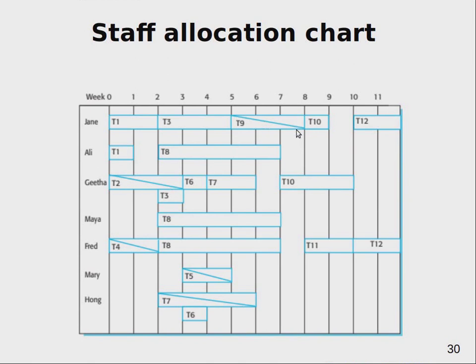I don't know exactly what this notation is about, either cancelled tasks or overlapping tasks like T9 overlapping with T10. But the idea here is that you should review that you are using your resources efficiently. You try to reach high usage of your resources, but you should not aim for 100%, because if you put 100% usage for everybody, then your plan will not have any redundancy or contingency.